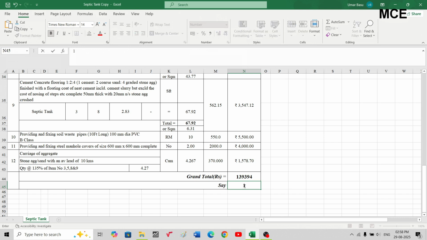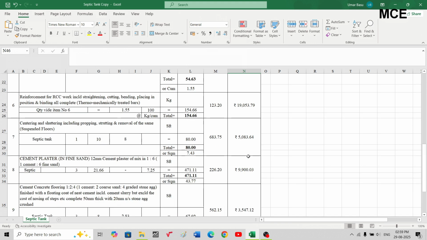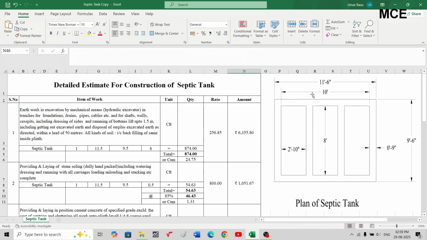So in lakhs, say 1.40 lakhs is the cost to prepare this septic tank, that is a septic tank of size 10 feet by 8 feet and depth 7.25 feet.